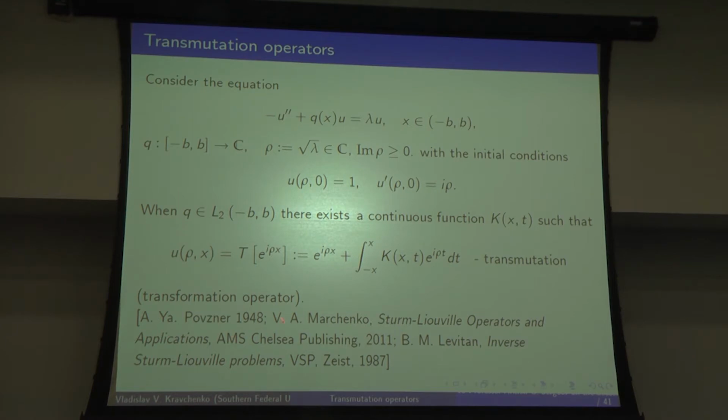This is the most important thing here. And in fact, up to now, only the existence of the transmutation operator in such a form was really used, and some of its basic properties. But for practical usage, only very few attempts existed up to now.